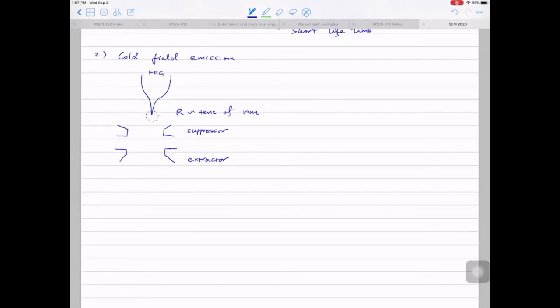When you apply a very large voltage on that, let's say 10 kV, then a very strong field is generated.